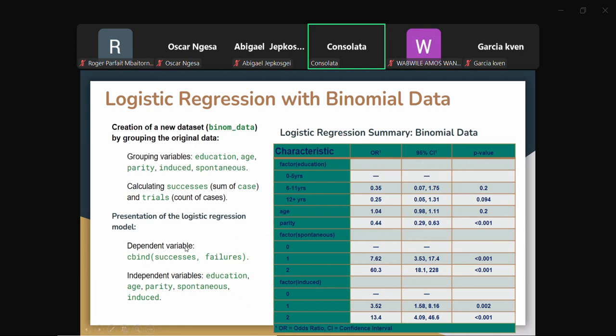And then the dependent variable was you combine both successes and failures, and the independent variables, the predictors, were education, age, parity, spontaneous and induced abortions. And from this output, you've noticed it's the same as the one of Bernoulli. So there is not much difference.